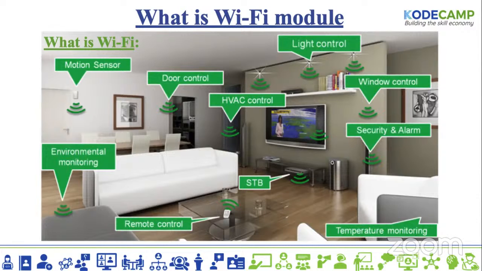You have the motion sensor there, which is Wi-Fi enabled, and the environmental monitor, which checks your temperature and everything, also Wi-Fi enabled. You have the door control, Wi-Fi enabled. You have the remote control, Wi-Fi enabled, and a whole lot of things. The temperature monitoring, the alarm, the window control, the lighting, and all of these are connected together.